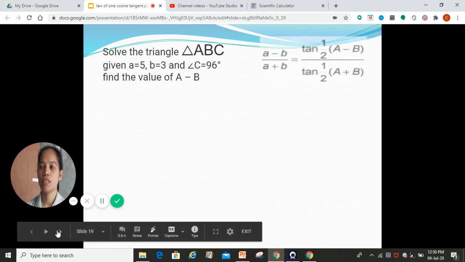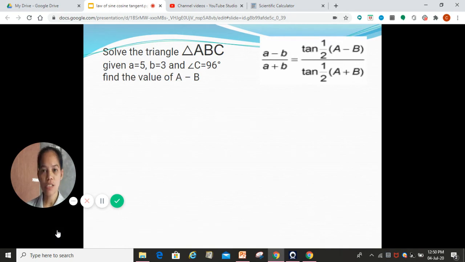Now let's use the law of tangents. Since we have side a and side b, we can use a minus b and a plus b. But the problem is we don't know A minus B and A plus B for the angles.